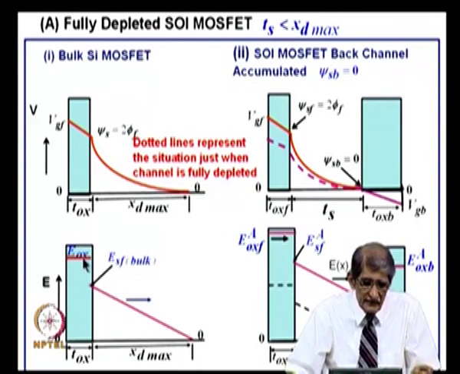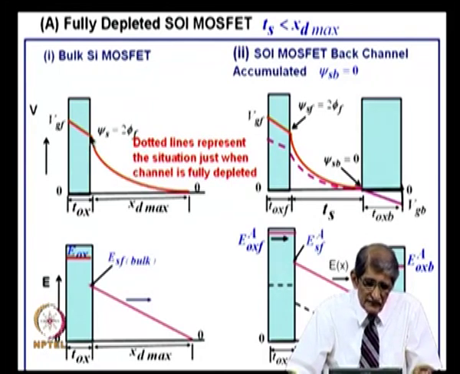If the electric field is constant, the potential, its integral, is linear. So, you can see that the voltage rises in a parabolic manner in the silicon of the bulk MOSFET, then it is linear. Electric field rises linearly and then it is constant. There is no charge in between.